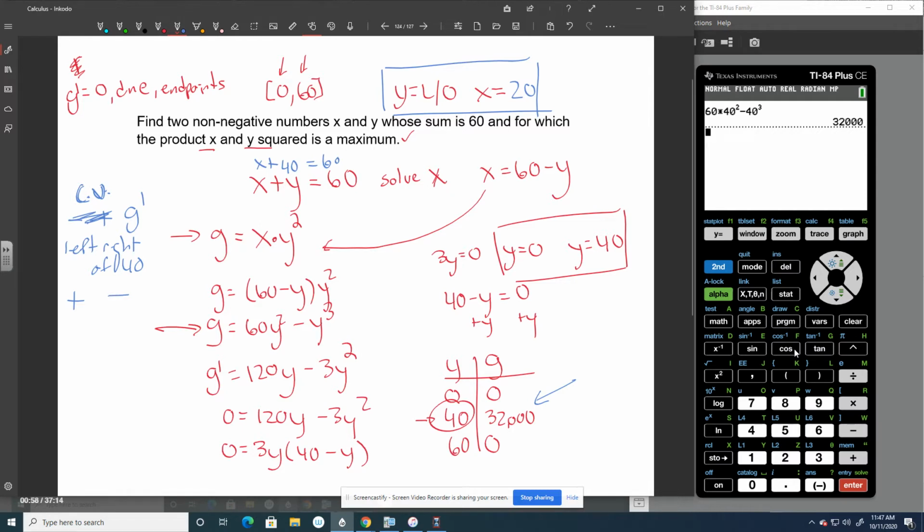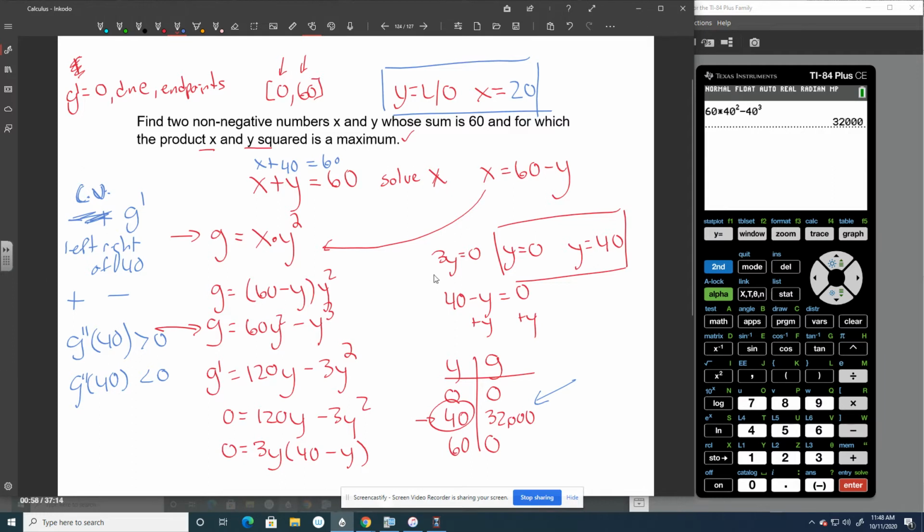So I either need to check that derivative, or if I use the second derivative test, remember, if G double prime of 40 is greater than 0, our second derivative test tells us that makes it a minimum. And if G double prime is less than 0, that makes it a maximum, right?